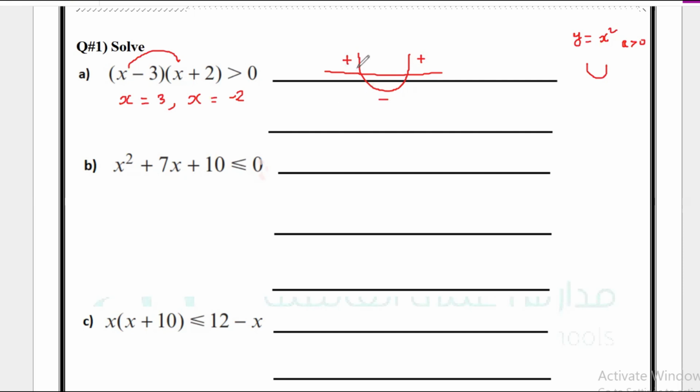So here we have a negative number, this is -2, and here we have 3, and x less than 3 gives us a decreasing function and x greater than 3 gives us increasing. So it means x is greater than 3, and x less than -2 shows us an increasing function, and x greater than -2, let's suppose we have -1, shows us decreasing.